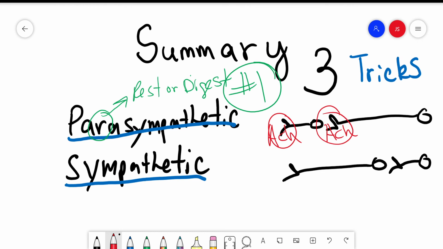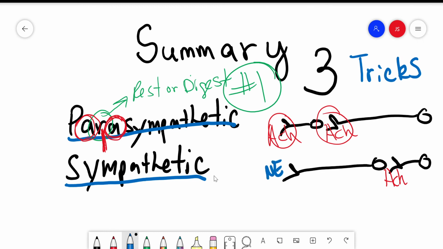Well, it's only acetylcholine, which is awesome. And look, we have an A right here, and we have an A right here on either side of the R, the rest or digest. Perfectly placed for us.